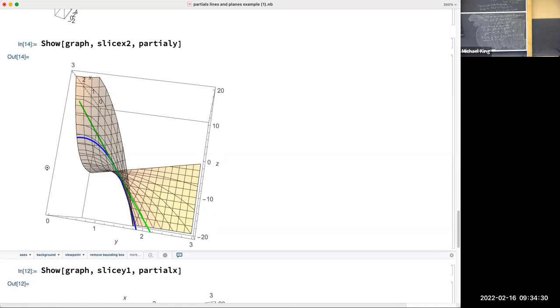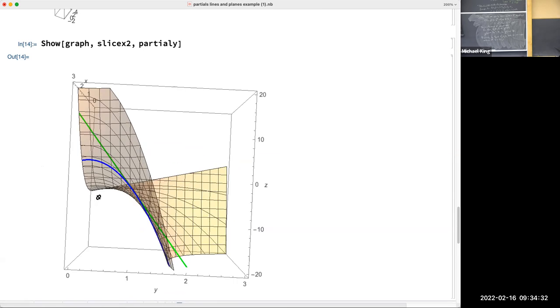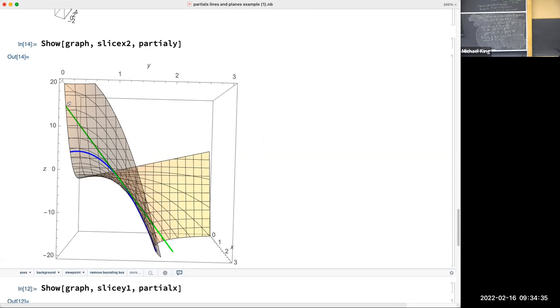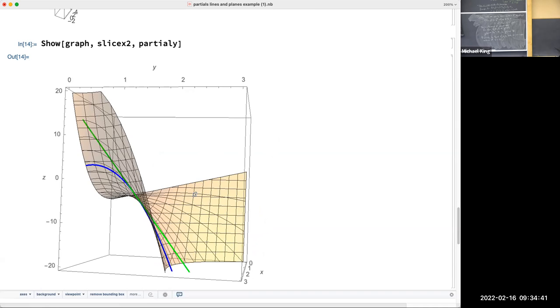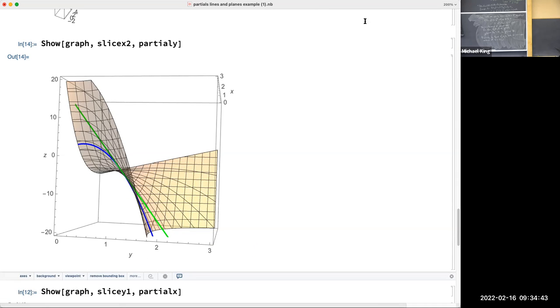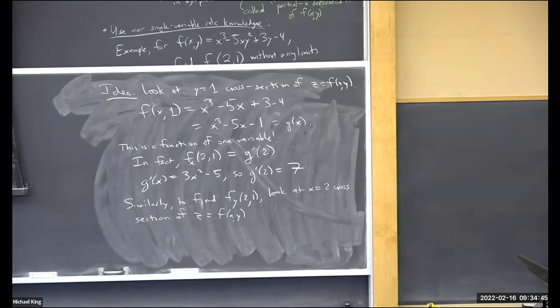Looks like it's steeper, right? And maybe negative. Oh, sorry, let me share. Yeah, you guys figured it out?